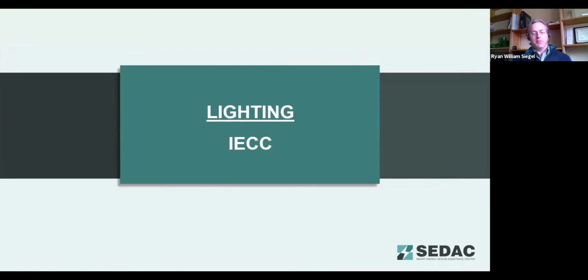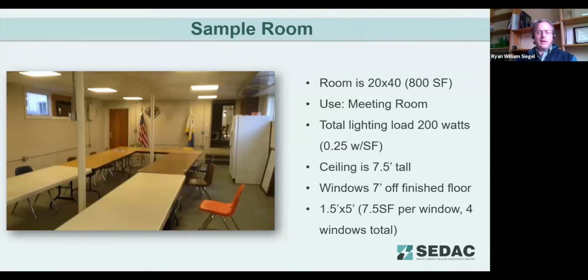So now we're going to move over into IECC, and we'll take a look at some other sample rooms. Here's a sample room, 20 foot by 40 foot. It appears to be a meeting space. Total lighting power of 200 watts, so a quarter watt per square foot.